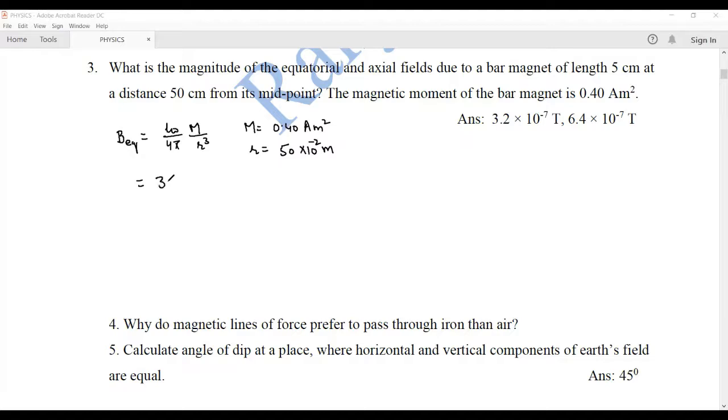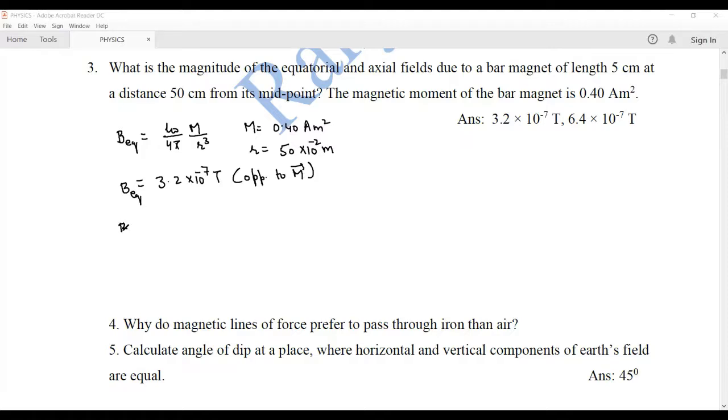Substituting the values and simplifying, we get the answer to be 3.2 into 10 raised to the power minus 7 Tesla. And on the equatorial line, the magnetic field is opposite to the dipole moment. That is, it is from north to south pole.